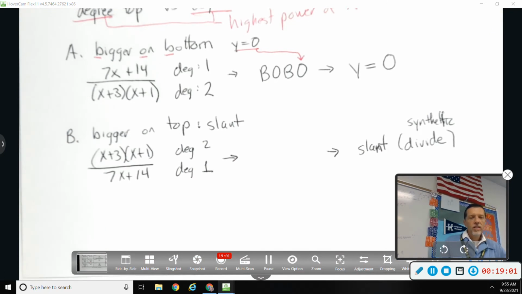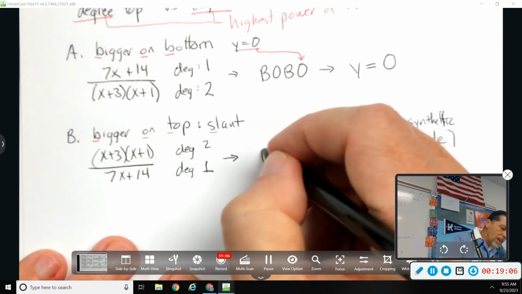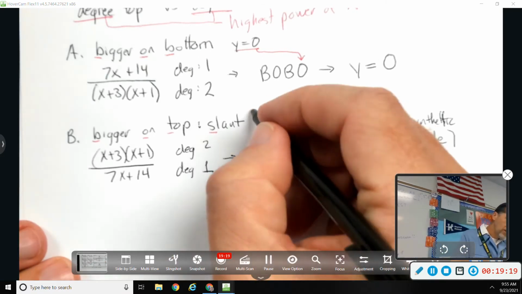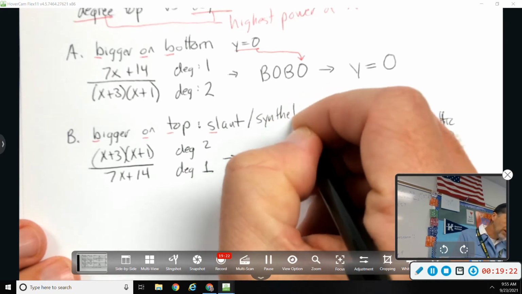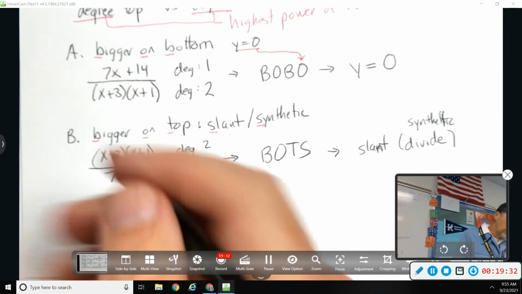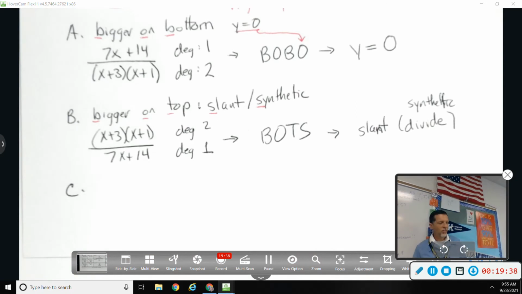If we take our first letters again, BOTS: bigger on top, slant. Or bigger on top, synthetic is another way to say it. Slant or synthetic, or both. I like one S because then it makes me think of robots, which is completely unrelated to this problem, but I usually put one S for slant or synthetic or both.